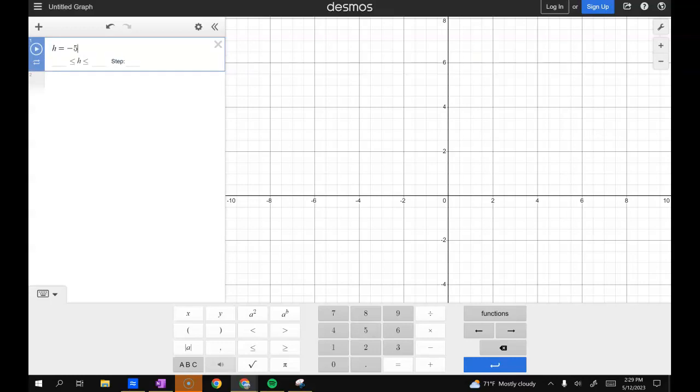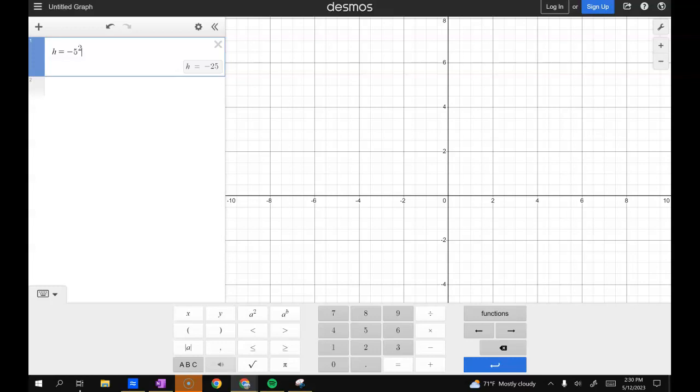Everybody's got to do this step by step. Hit your t, hit your shift button, and hit 6. And then your little cursor is going to jump up above. And then you're going to type 2. So it should look like that. Once you type in h is equal to negative 5, hit your shift key, and then hit 6, and then type in 2.